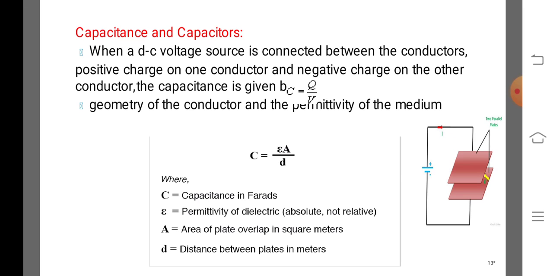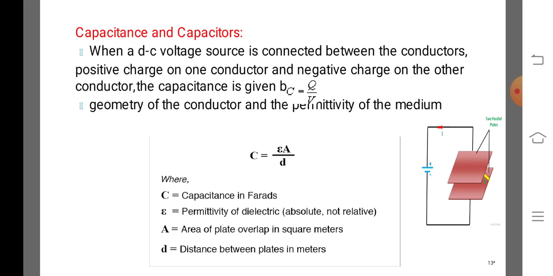Next we have to consider capacitance and capacitors. Both capacitance and capacitor conclusions hold across the boundary condition when a DC voltage source is connected between the conductors, with positive charges on one conductor and negative charges on the other conductor. The capacitance is given by C is equal to Q by V. It depends on the geometry of the conductors and the permittivity of the medium, always represented as C equal to epsilon A by d.